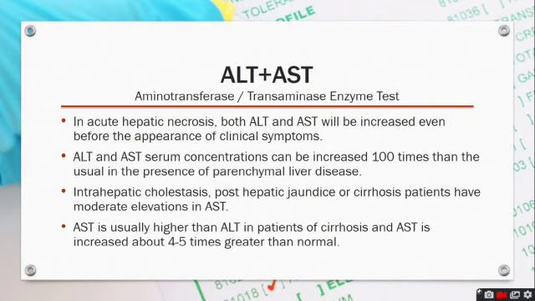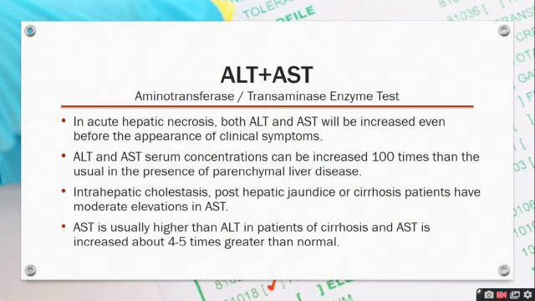Now let's discuss ALT and AST together. When the doctor recommends an aminotransferase enzyme test or transaminase test, it means that the doctor wants to know the ALT and AST levels. So the lab will perform these two tests.